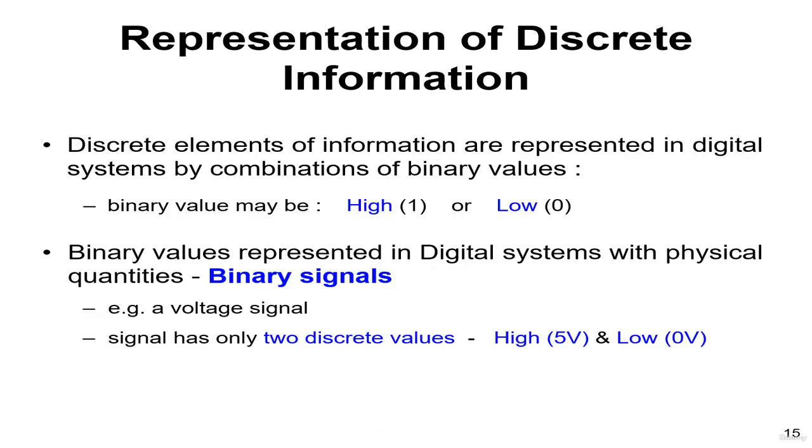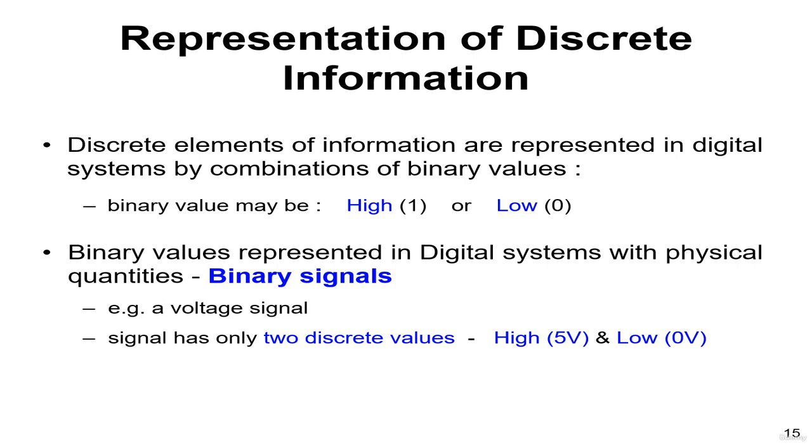In digital systems, information can be represented using a discrete set of values. These signals in most present day electronic digital systems use just two discrete values, and therefore they are said to be binary. The two discrete values that are used are called 0 and 1. 0 is used for low, whereas 1 is used for high.